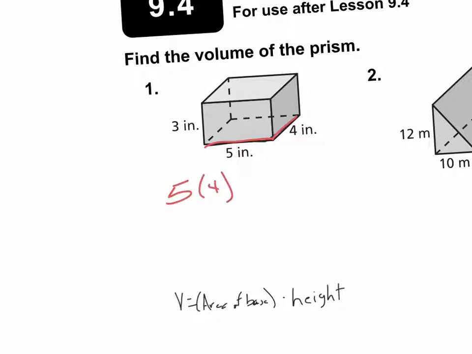That's the area of the base, and then you multiply that by your height. So 5 times 4 is 20, times 3 is 60, so my answer would be 60 inches cubed. The reason it's cubed is you're taking three numbers, and they all have the label inches. So inch times an inch times an inch is inches cubed. So my answer would be 60 inches cubed.